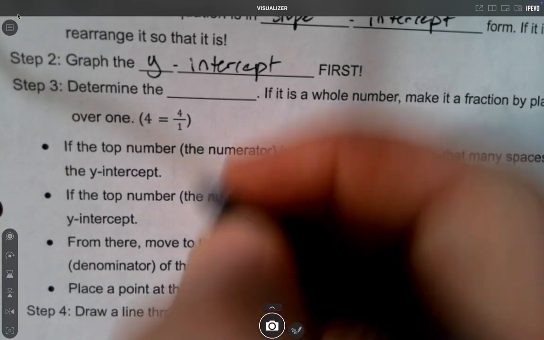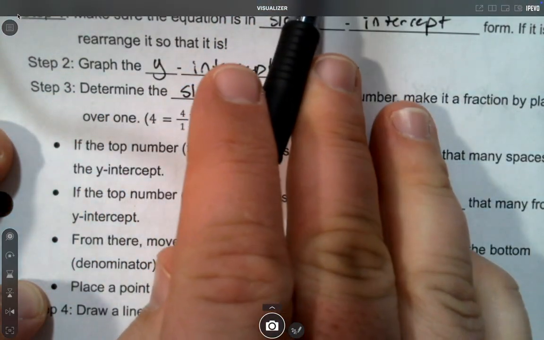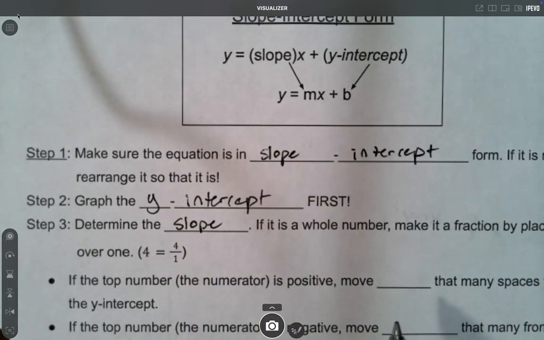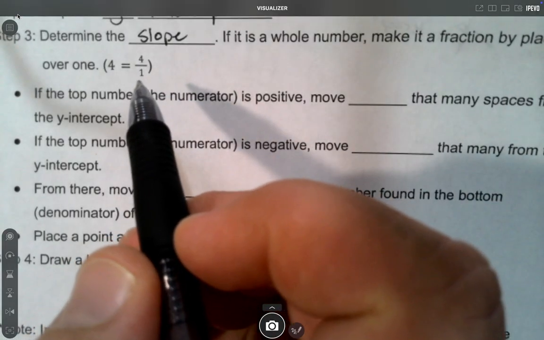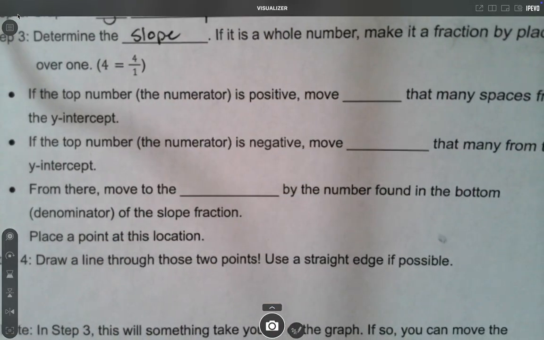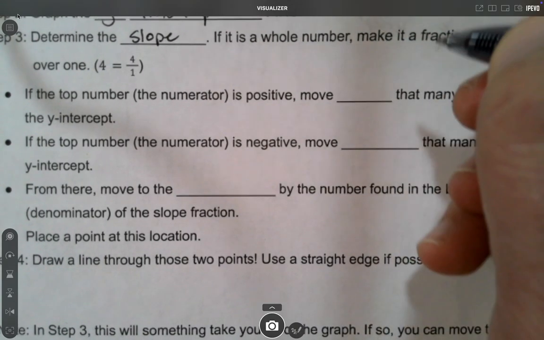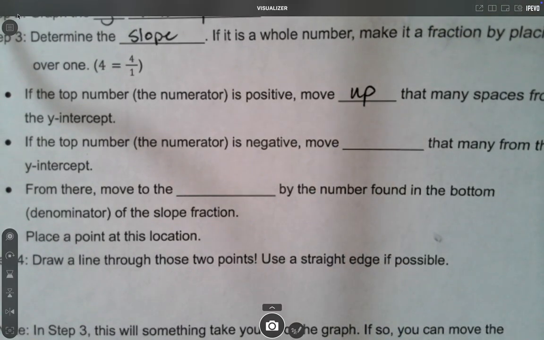Now we need to determine the slope. The slope is the coefficient. It's the number in front of x, or the number multiplying by x. If it's a whole number, you can make it a fraction by placing it over 1, as you can see here. If the top number of the fraction is positive, move up that many spaces from the y-intercept.